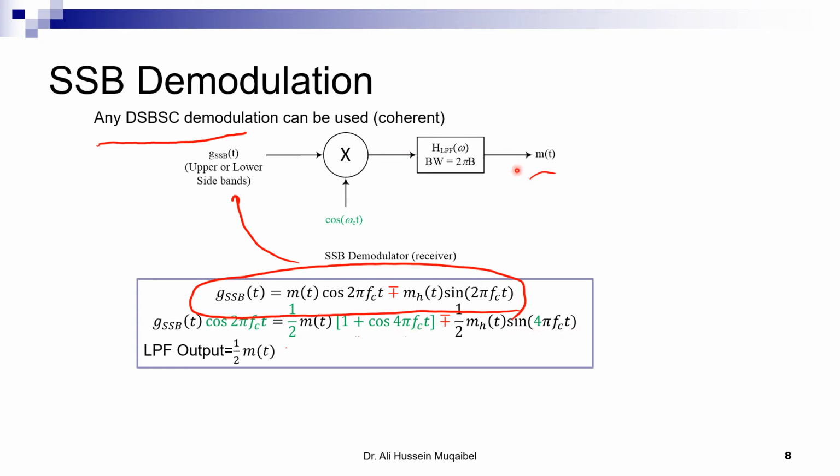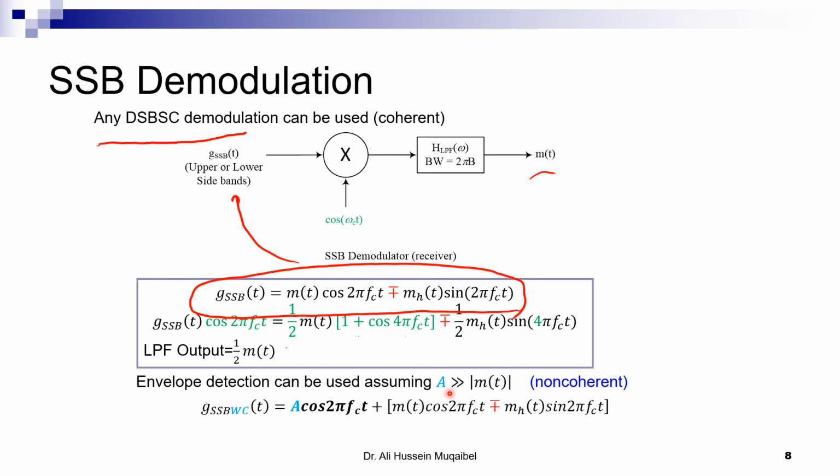So at the output of the low pass filter, the only expression that remains is 1/2 times the message. The others will be cancelled out because of this low pass filter. We have shown here that the output is the message, although we started with the single sideband. So yes, a double sideband suppressed carrier coherent demodulator would work fine for single sideband.